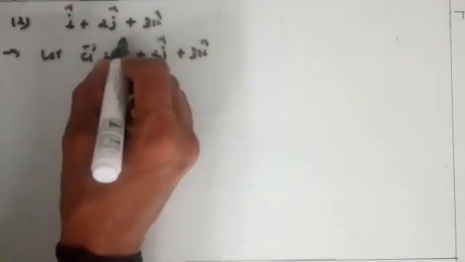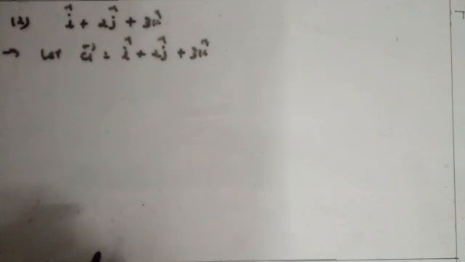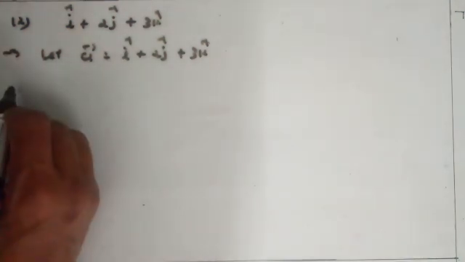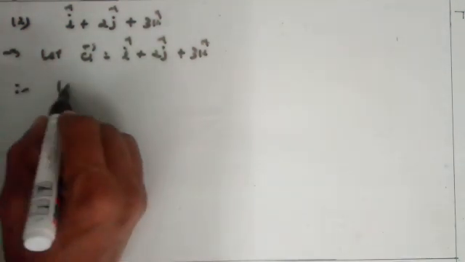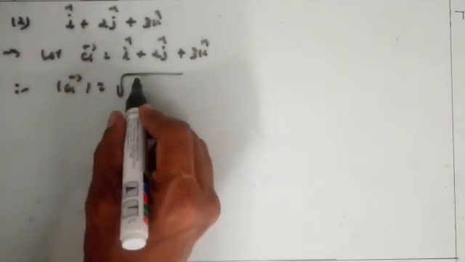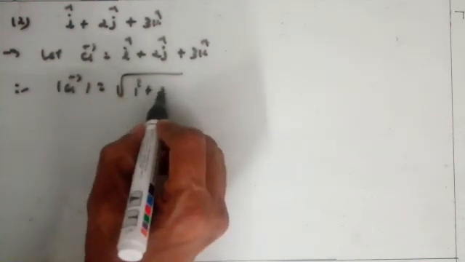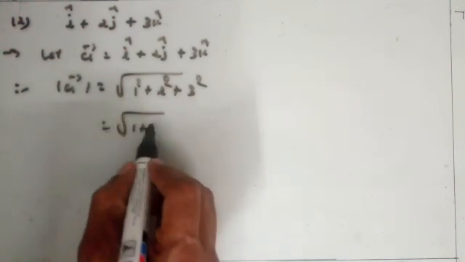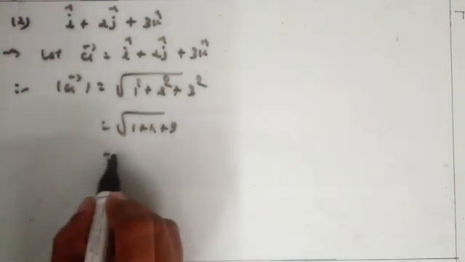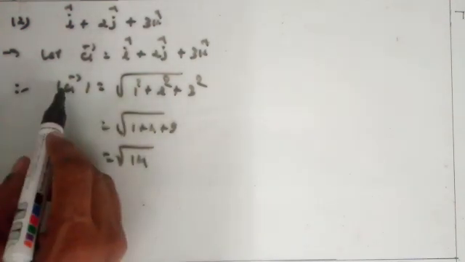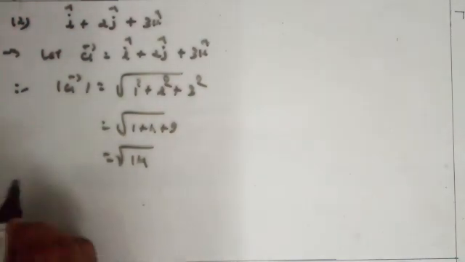Now find the unit vector in the direction of the given vector. Therefore, mod of A is equal to root of 1 square is 1 plus 2 square is 4 plus 3 square is 9, which is equal to root of 14. So magnitude of this is equal to root 14.